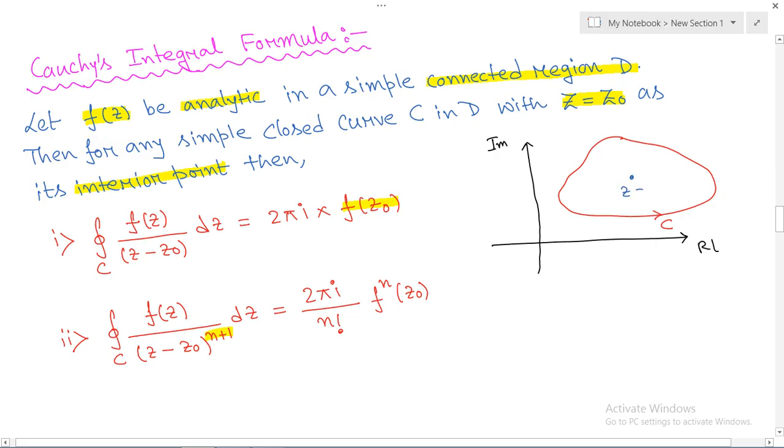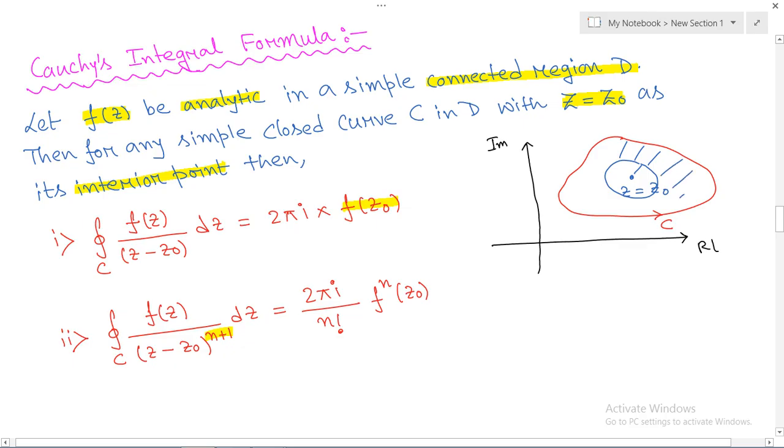So for Cauchy's theorem, what we learned previously, if it is an exterior point, then the value of the integration is going to be 0 only. But here z equal to z0 is an interior point. So if it is an interior point, then we can do the integration in this manner. We will make a circle, and in this annular portion we will do the integration.